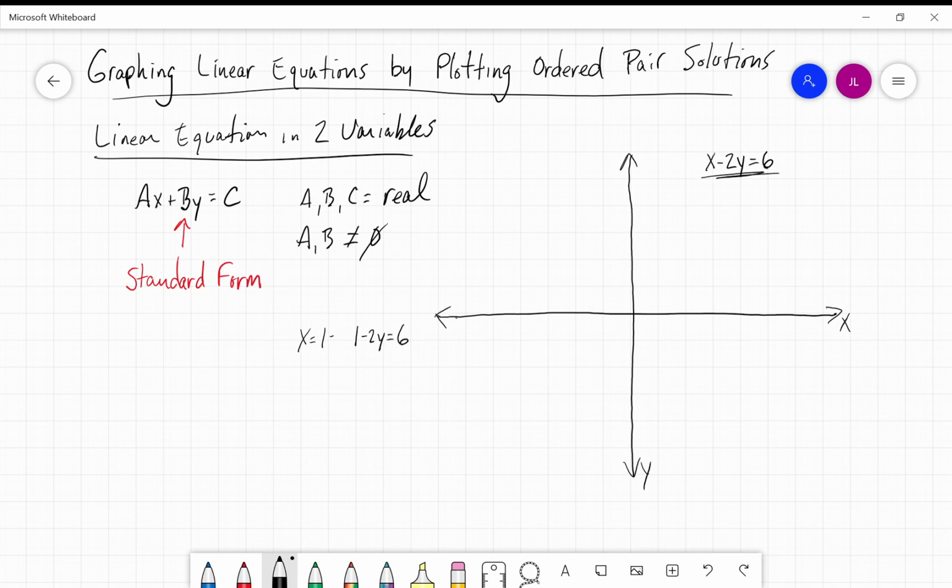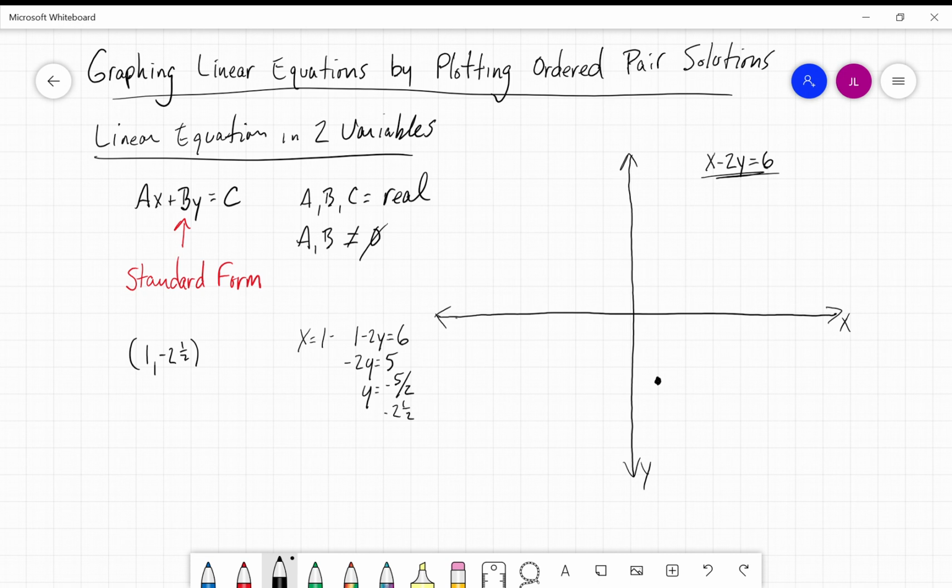If we subtract 1 from each side, we get negative 2y equals 5. So y is equal to negative 5 halves. So when x is 1, y is about negative 2.5, and that can be an ordered pair: 1, negative 2.5. We can plot that. Here's 1 on the x, now we go down 2.5 on the y, and there's that point.